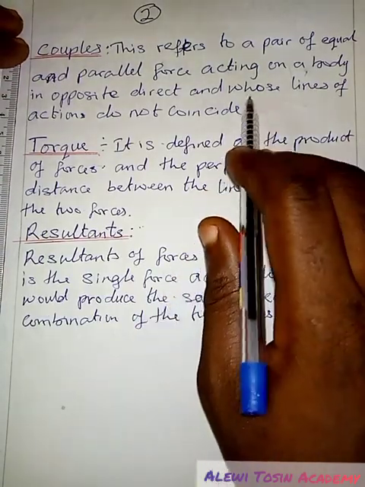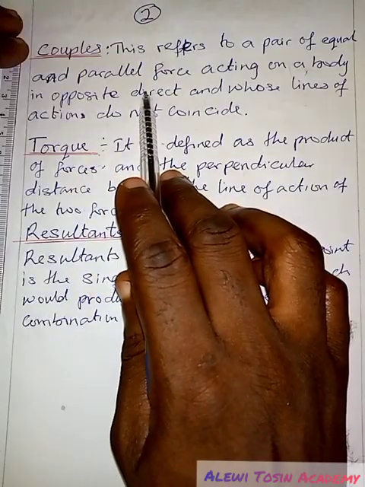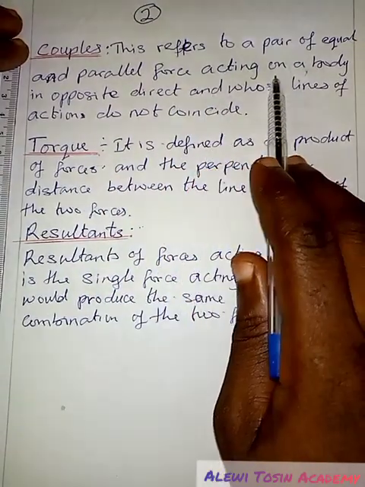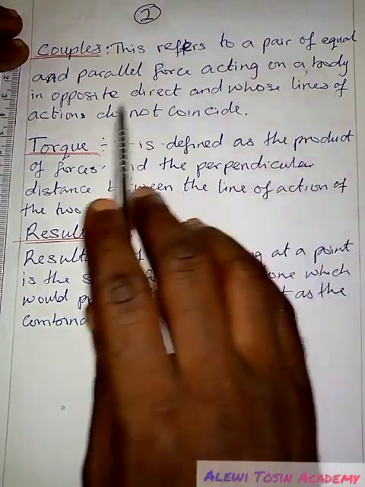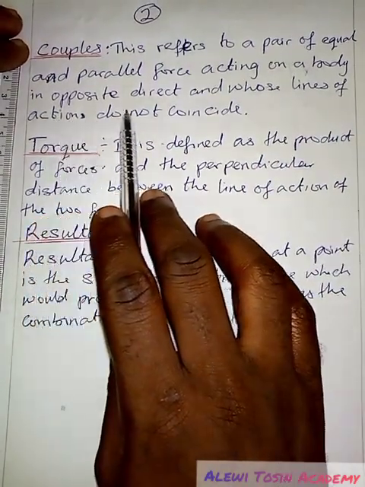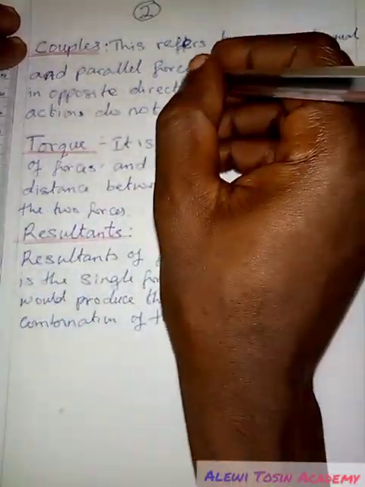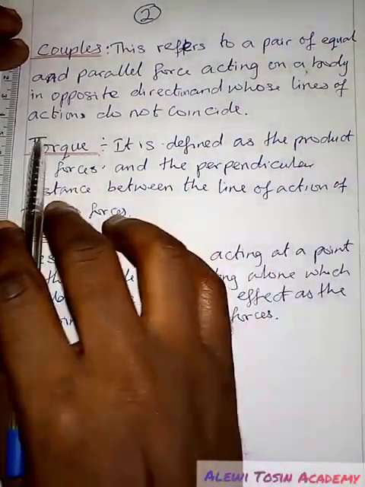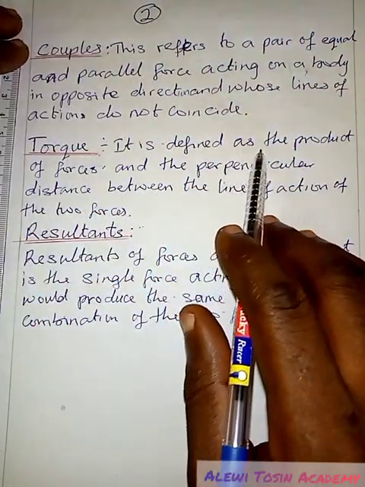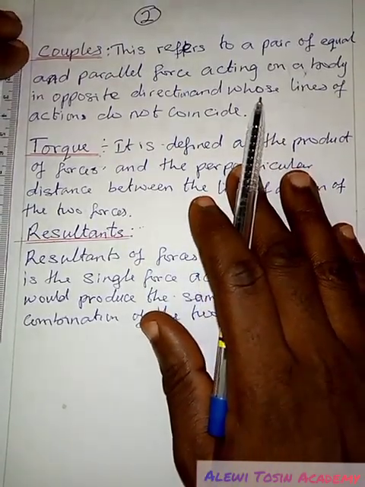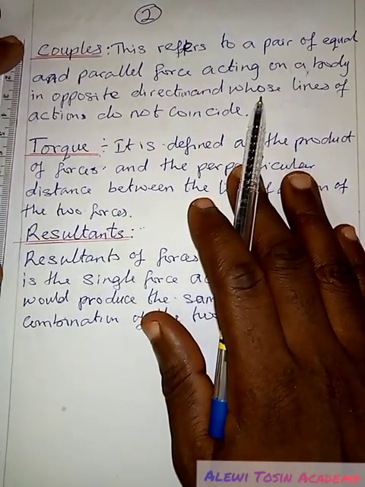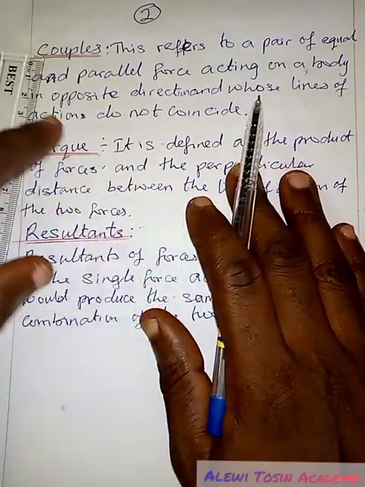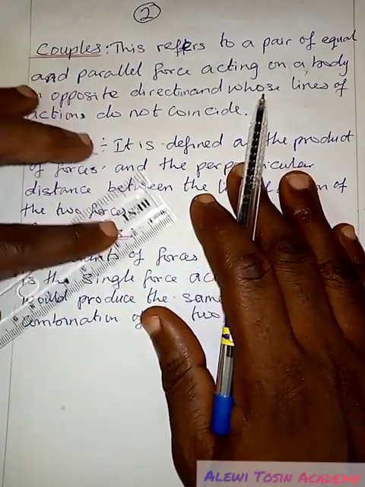He said this is a pair of equal and parallel forces acting on a body in opposite direction whose lines of action do not coincide. Now that is the definition of a couple. We say that a couple is a pair of equal and parallel forces.